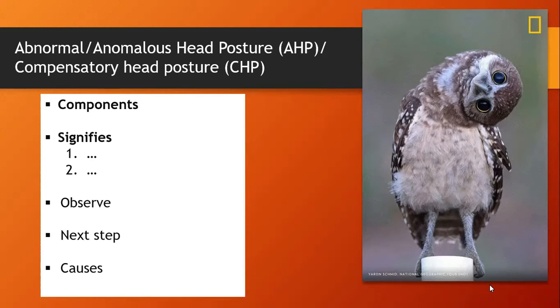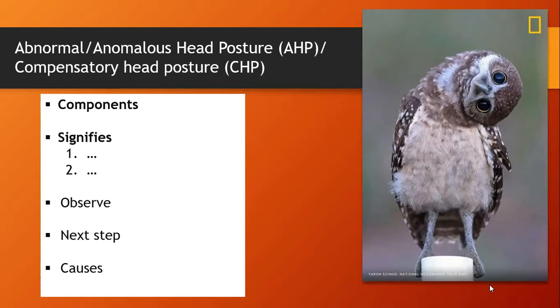So the significance is, first, that the patient is maintaining binocularity to avoid diplopia, and if it's a child, to avoid strabismic amblyopia. The second is that if you correct the head, you will notice strabismus in the primary position.